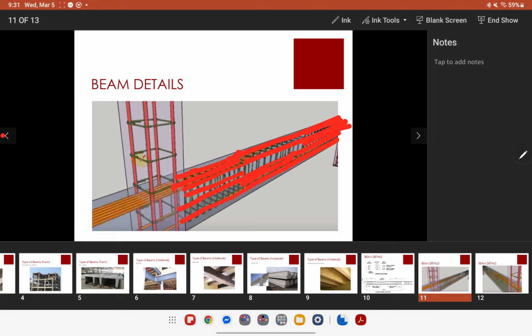Now, what's the point or purpose of having this configuration?